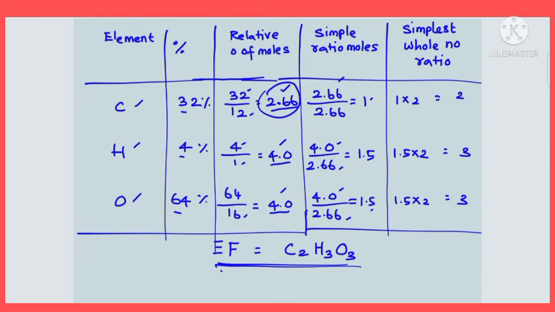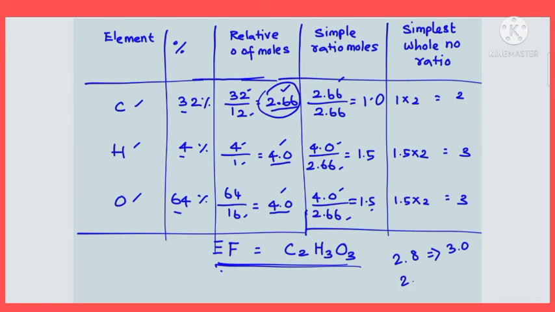Now you can see that in the previous example I said if you are getting a simple ratio of moles above 0.5, like 2.8, you can make it the next whole number, 3.0.